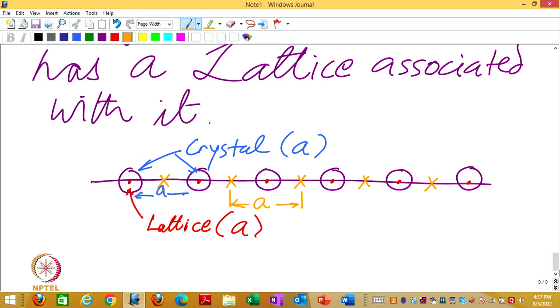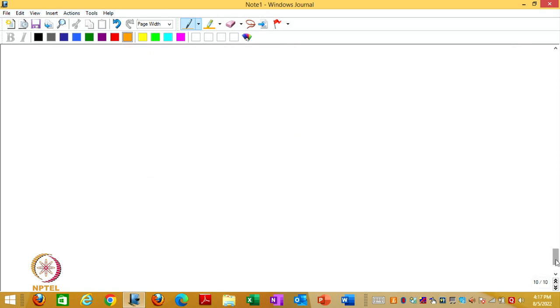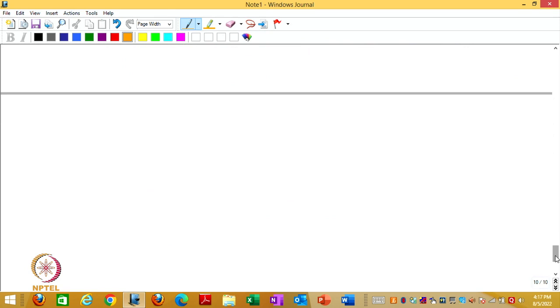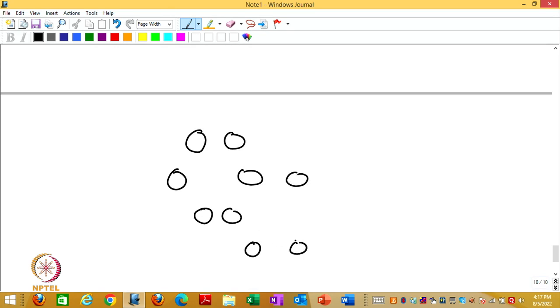So, let us do this exercise now for our graphene example. It is better to draw the hexagonal grid.